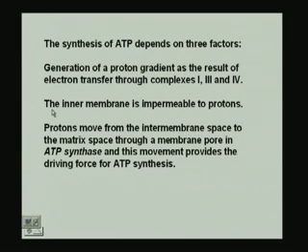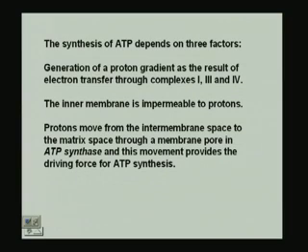Another thing we have to take into consideration is that the inner membrane is impermeable to protons, which means that the higher concentration present in the intermembrane space does not diffuse into the matrix space of the mitochondria.